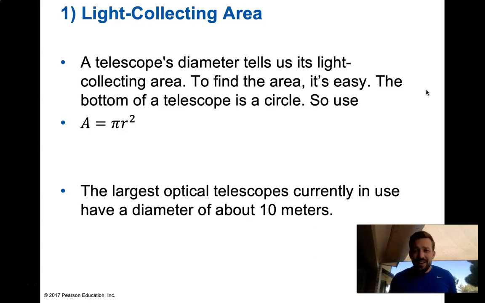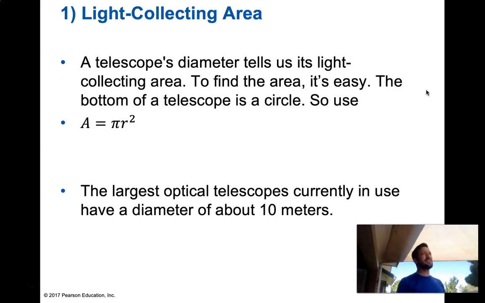And to find the area, you guys took geometry already. It's simple. It's pi r squared. That's the area of a circle. The bottom of the telescope is a large circular mirror, and to find the area of that mirror is pi r squared. The largest current telescope, you need to know this, is about 10 meters in diameter.